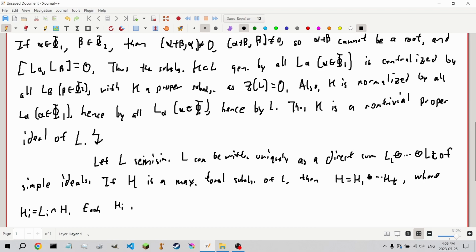Each Hi is a toral subalgebra in Li and is in fact maximal as a toral subalgebra.